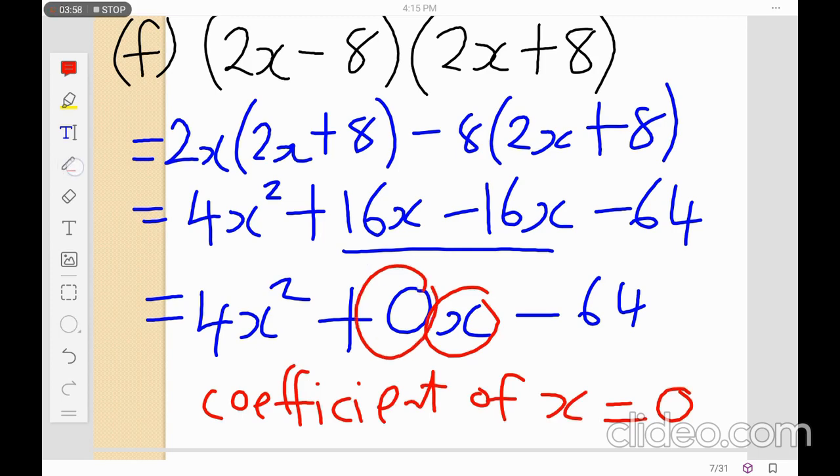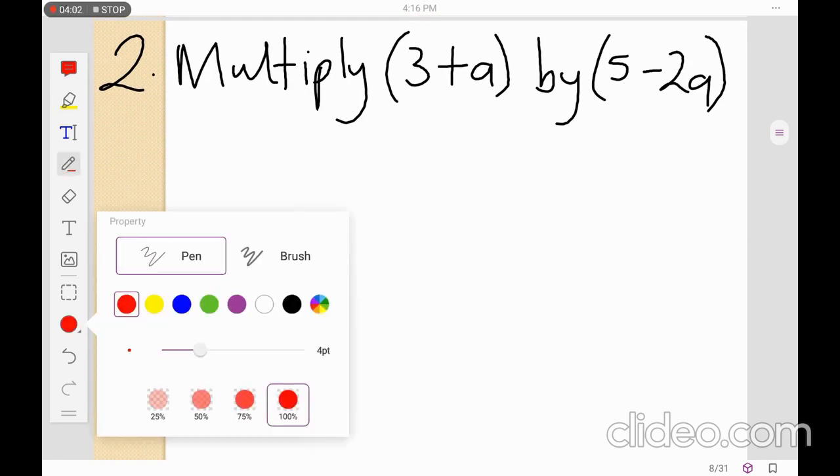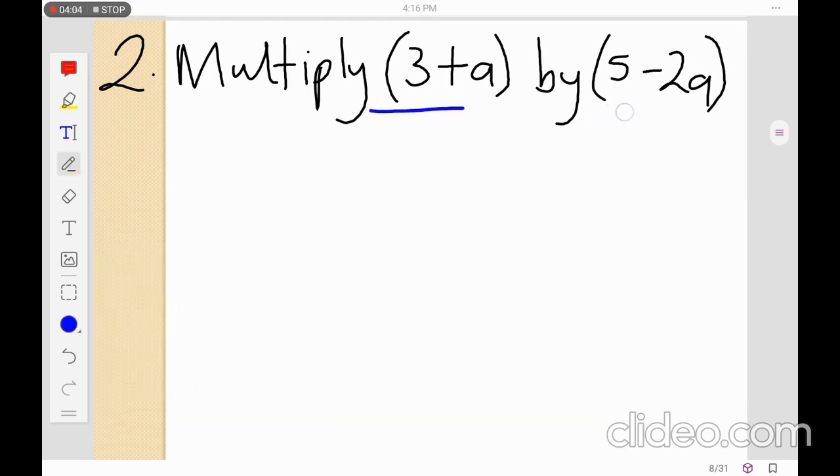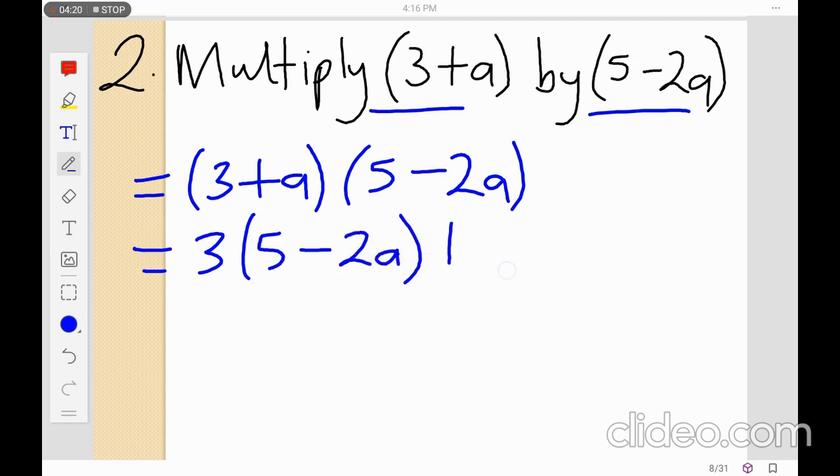Let's do the last question. The last part of the question is saying multiply this bracket with that bracket. So we can write it as 3 plus a by 5 minus 2a. Let's multiply. I'll have 3 by the second bracket 5 minus 2a, plus a multiplying 5 minus 2a.